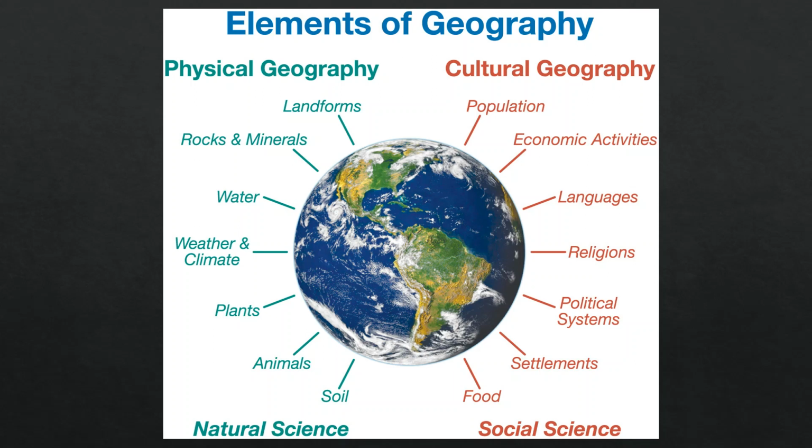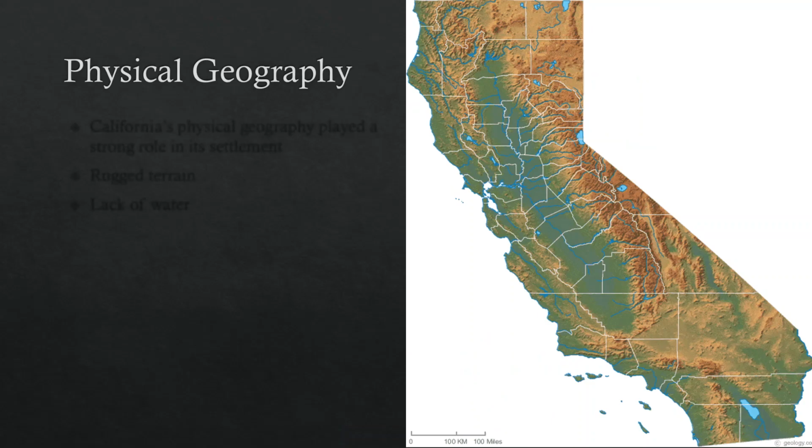But in this class, or if you're taking my world regional geography class as well, we are going to look at the interplay between these two, the physical and the cultural geography. This class is going to focus a little bit more on the cultural, but I'm going to very briefly introduce the unique physical geography of California, and you're going to have to relate to that physical geography throughout the semester.